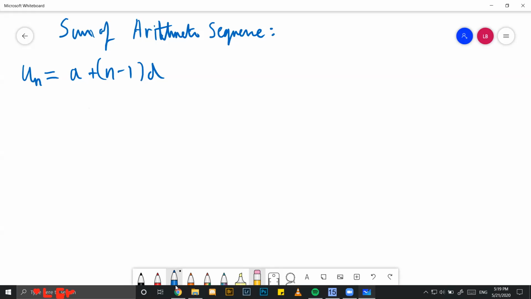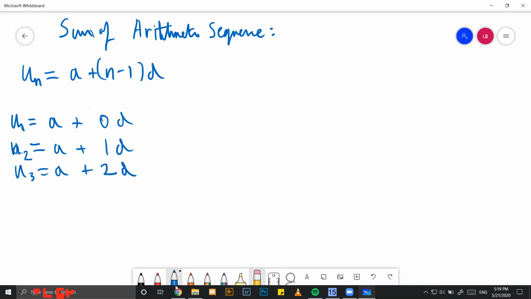So if we write down the terms, u1 is equal to a plus 0d, u2 is equal to a plus 1d, u3 is equal to a plus 2d, and so on until un, which is equal to a plus n minus 1 d.